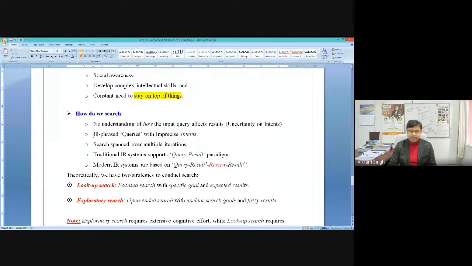So both ends are basically an ill-phrased query and imprecise intent. Intent means this relation between query and result, right? So everything is uncertain, open-ended, imprecise, ill-phrased, something like that. So this entire interaction, this entire search scenario, is basically called ad hoc searching, ad hoc mechanism.